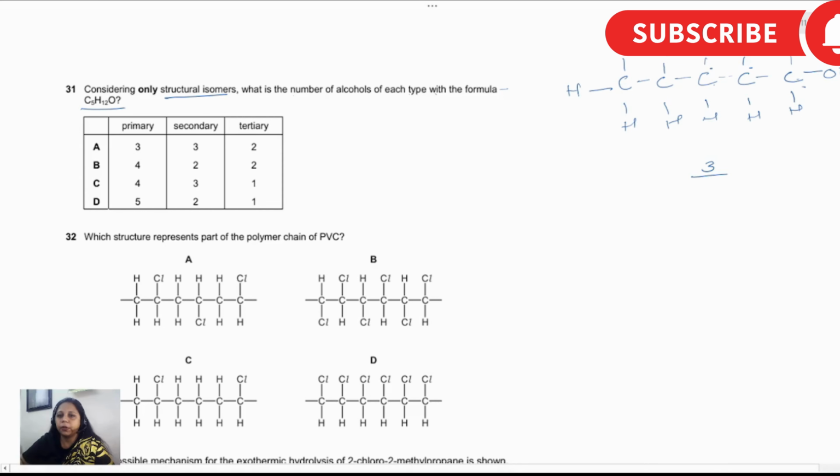For example, if we are making a branched chain with CH3 groups, and here it's OH, we have to make two other ones.